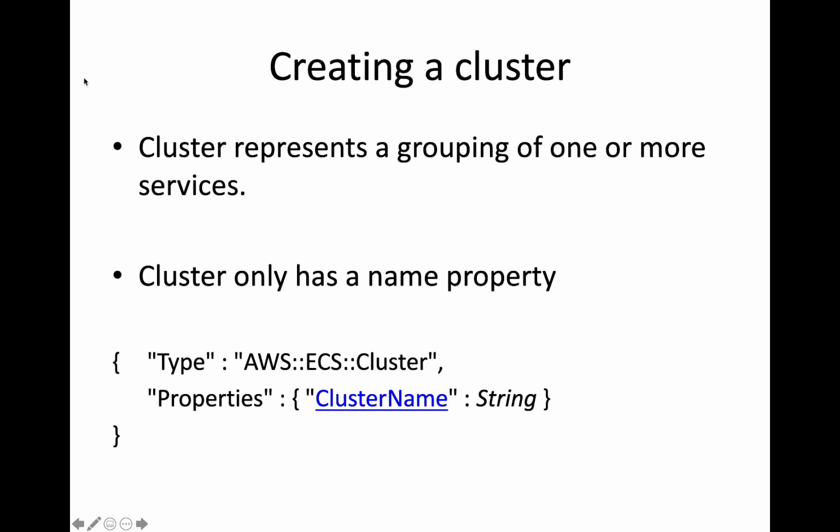And when we define a cluster, we're basically just giving it a name. It's kind of like a namespace in the sense that it's just a grouping mechanism to group together a set of services. And here you see some very simple CloudFormation template code to create a cluster.